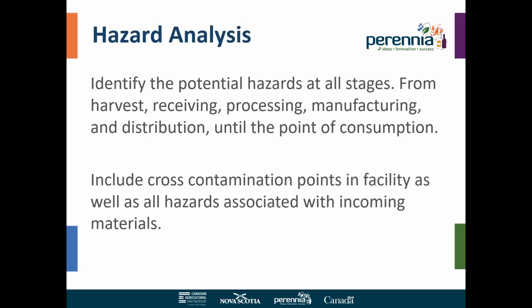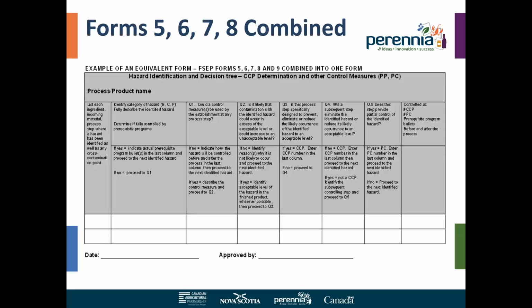So that process flow that you saw, all of those steps, you are going to do a hazard analysis of each and every one of those steps right until it goes out the door. And then, of course, including those cross-contamination points, which we already talked about on your process flow.